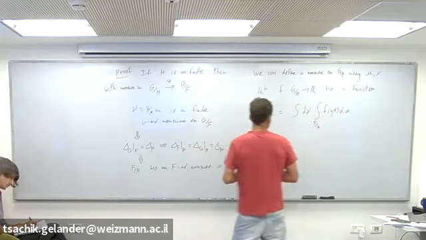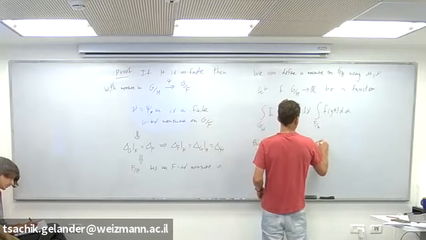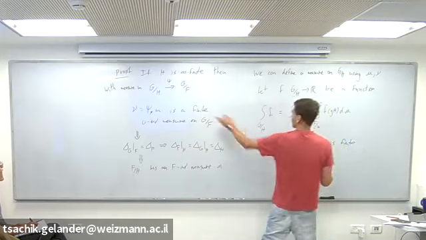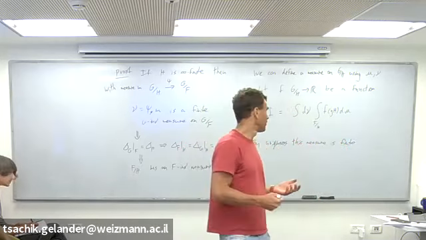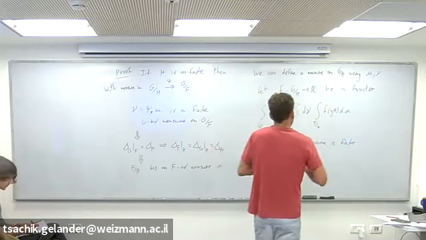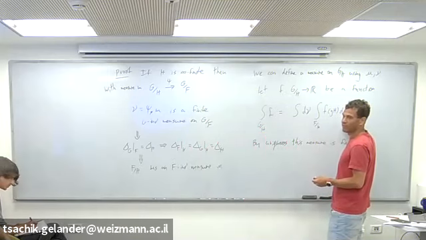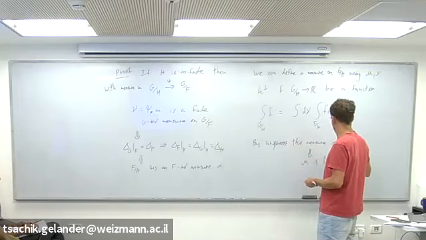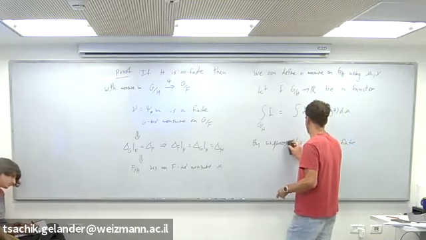By uniqueness, this measure is proportional to m. It's a scalar multiple of m, so it's finite. But you see that it could be finite only if this is finite, which implies that mu is finite.